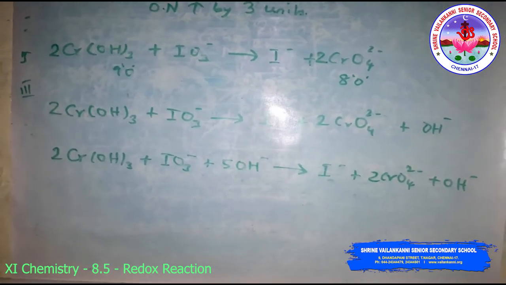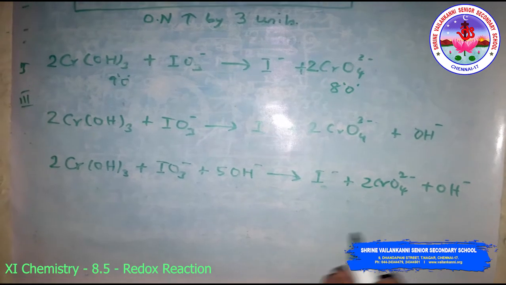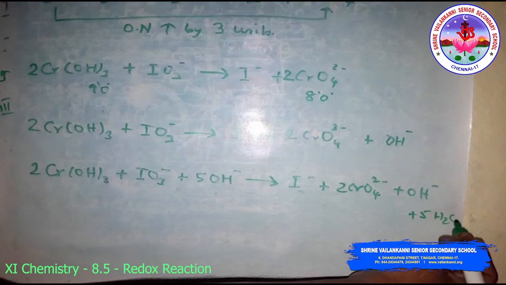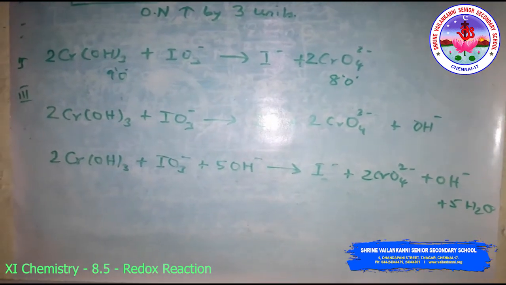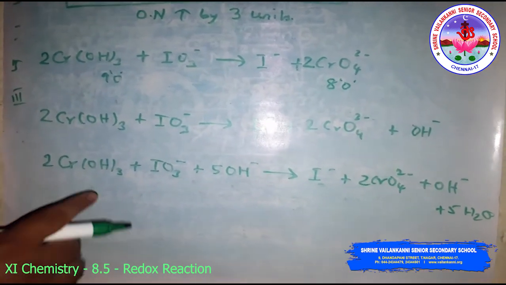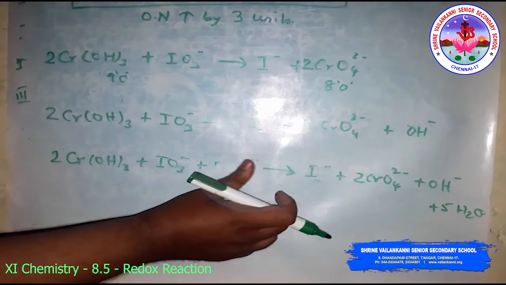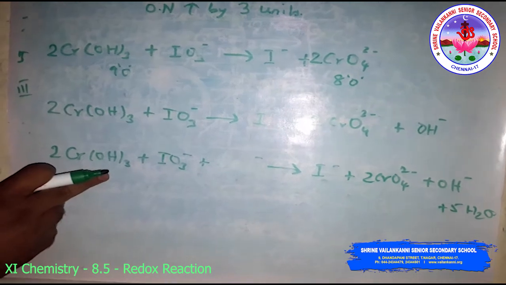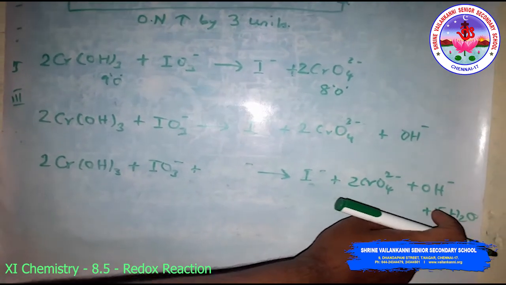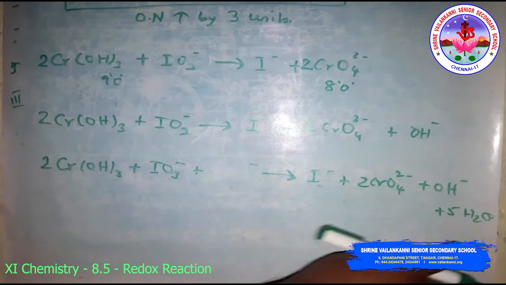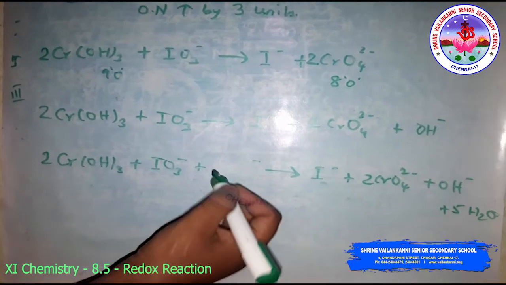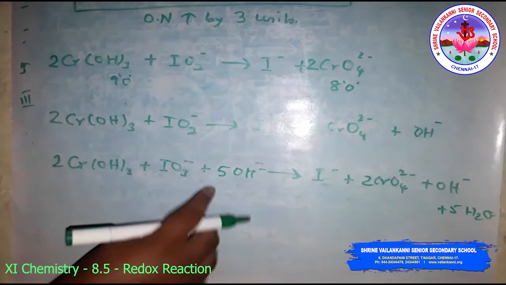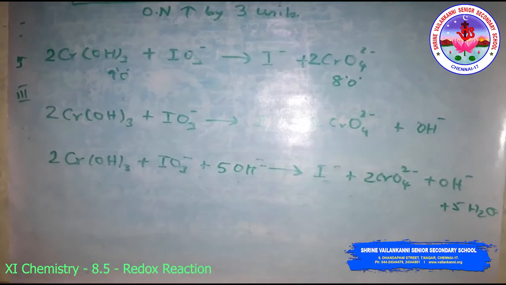Then add water molecules. Is it clear? In this side, how many hydrogens are there? 5 hydrogens. So adding 5 H2O molecules, now 10 hydrogen on this side, so I am writing here 5 OH⁻. Now 5 plus 5, 10 hydrogen is balanced.